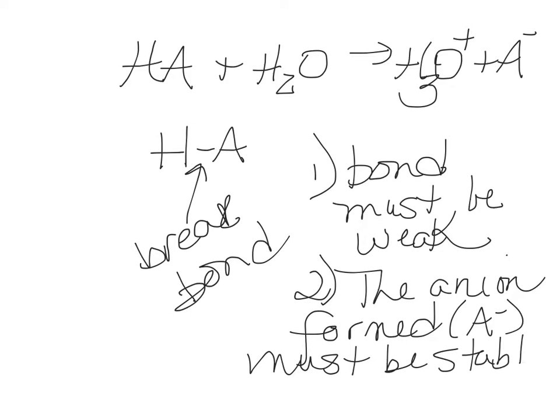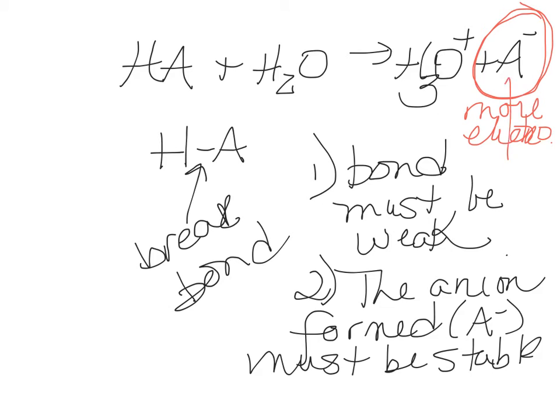Okay, so the trend left to right across a period has to do with electronegativity and the stability of the anion that's formed. The more electronegative this is, the more stable the anion is. Electronegativity means attraction to extra electrons, and so obviously the more electronegative something is, the better it can handle that negative charge.